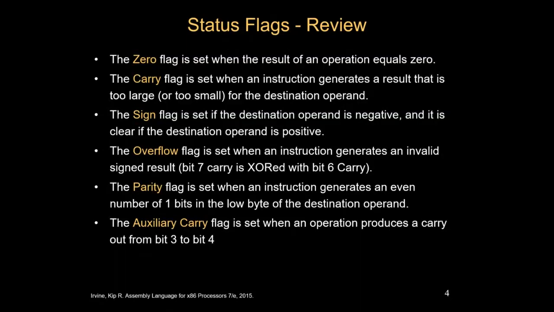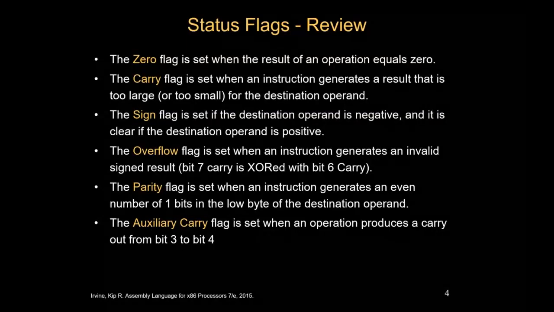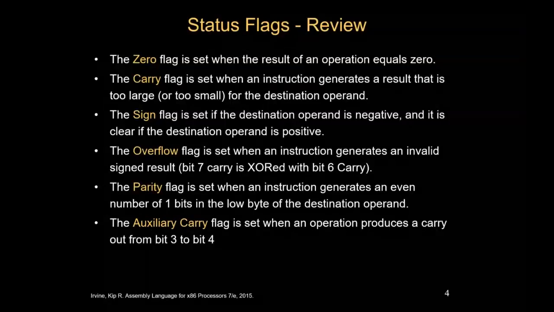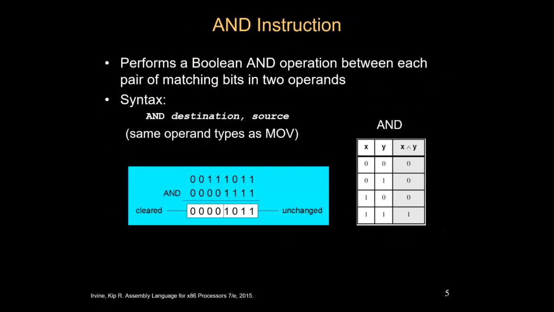We have the parity flag, which is set when the instruction generates an even number of 1 bits in the low byte of the destination operand. And the auxiliary carry flag, which is set when the operation produces a carry out from bit 3 to bit 4. So we have what you call the AND instruction.